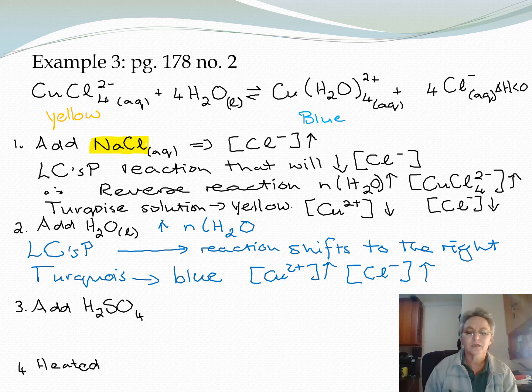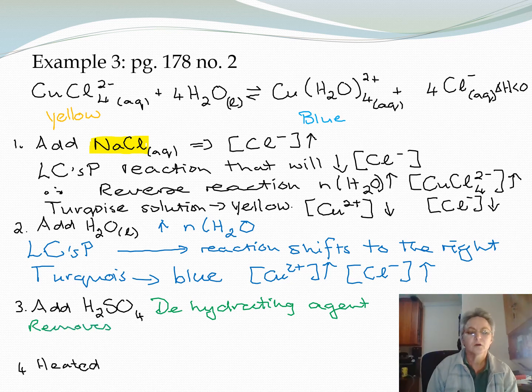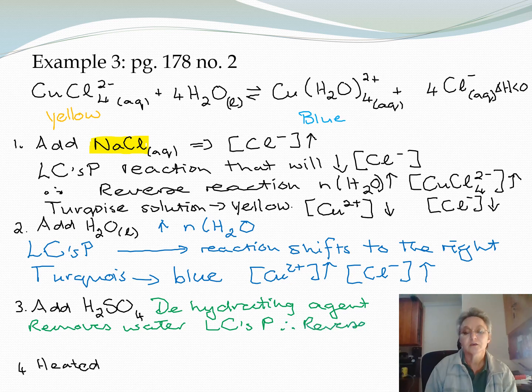Now sulfuric acid is a dehydrating agent. So it removes water. If we listen to Le Chatelier's principle, the reaction that will form or release more water will be favored. So the reverse reaction is favored.